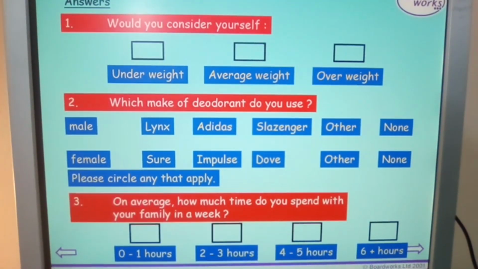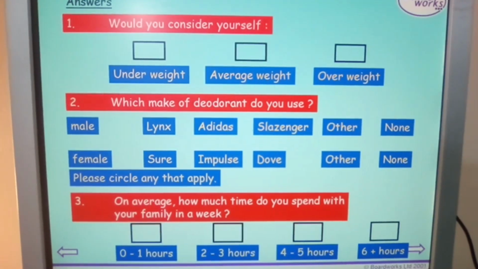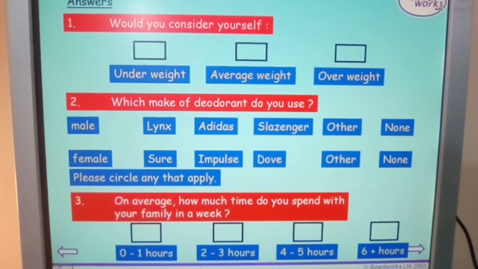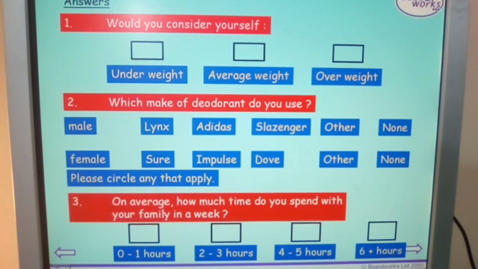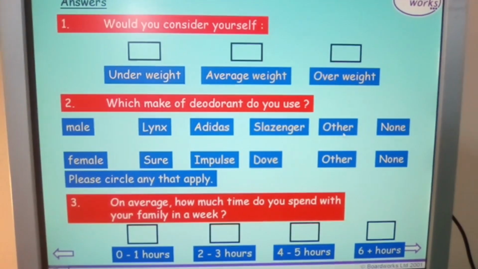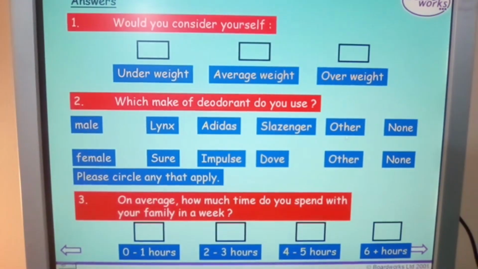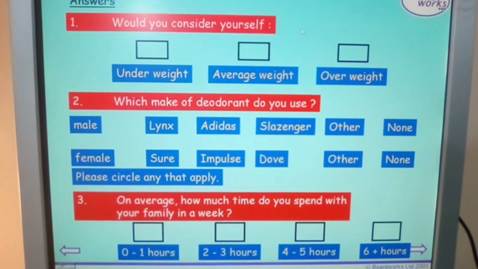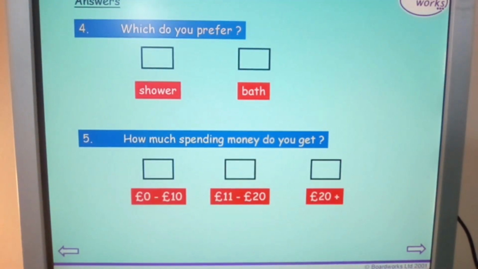Answers: would you consider yourself underweight or average weight, overweight? And this is now a different method of applying the same question. So you can see we have a different approach to it, and the approach looks better here than it did before.